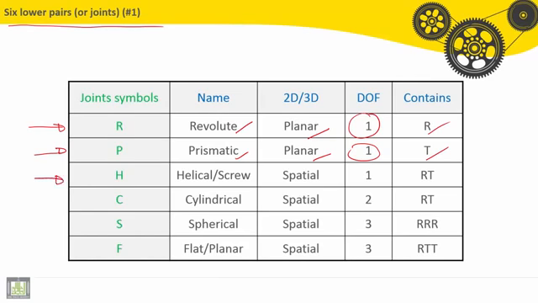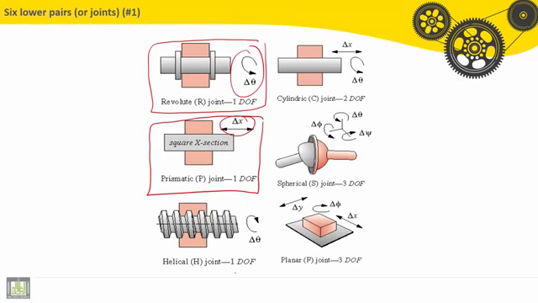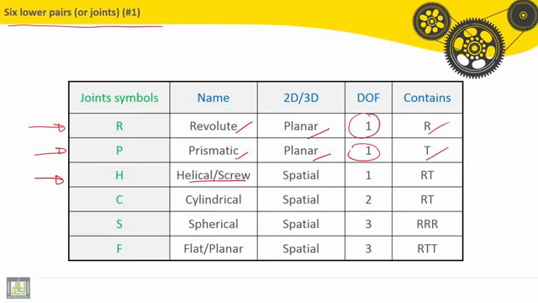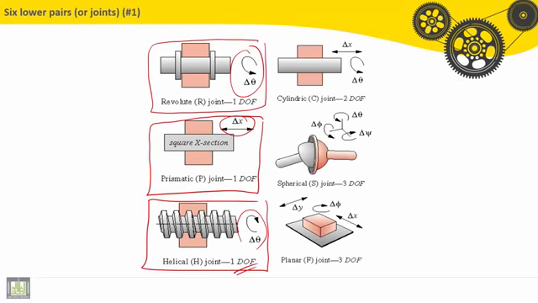Third one is the helical or screw. You can see it here, the helical joint, containing 1 degree of freedom. It is spatial, containing 1 degree of freedom, but it contains 1 rotation and 1 translation because if the screw makes a rotation, automatically it will have a translation.